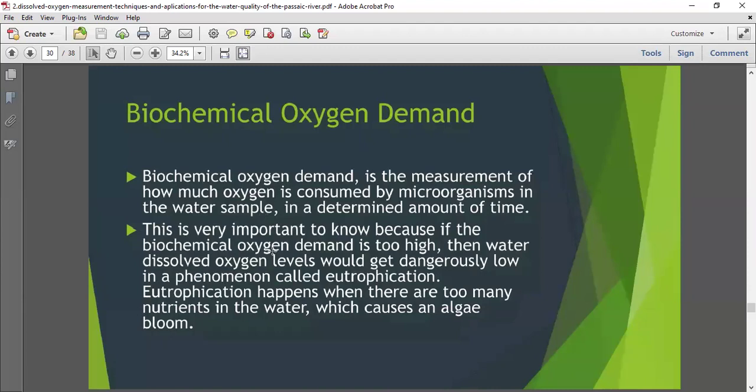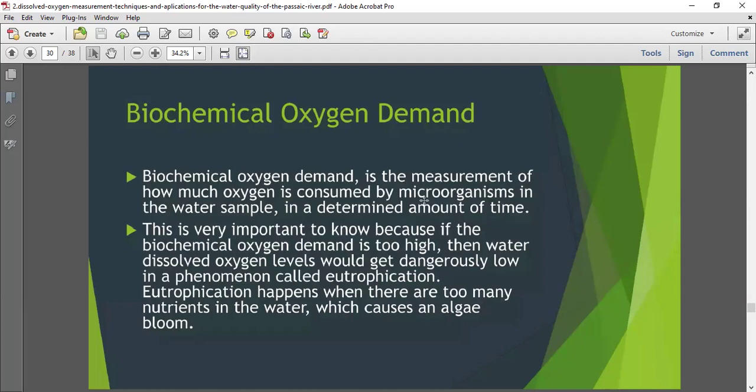We can see the meaning. Biochemical oxygen demand is the measurement of how much oxygen is consumed by microorganisms. Microorganisms means bacteria and that type of things. Bacteria, algae, amoeba are called microorganisms in the water sample.